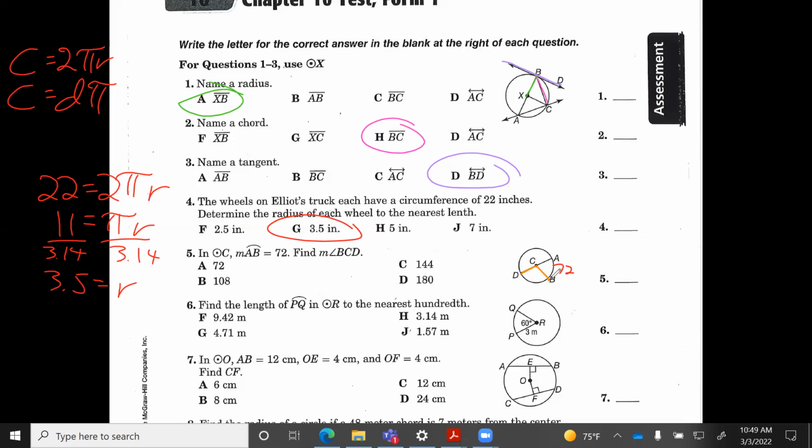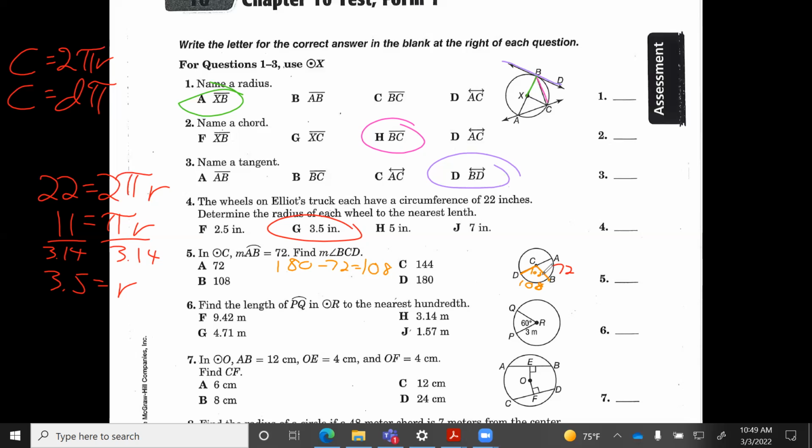In order to find that angle, I need to know the arc across from me. Well, AD split that circle in half, so we have a semicircle. I know that a semicircle has how many degrees? 180. So all I need to do is take the 180, subtract off the 72, and that should leave me with the other arc, which is 108.